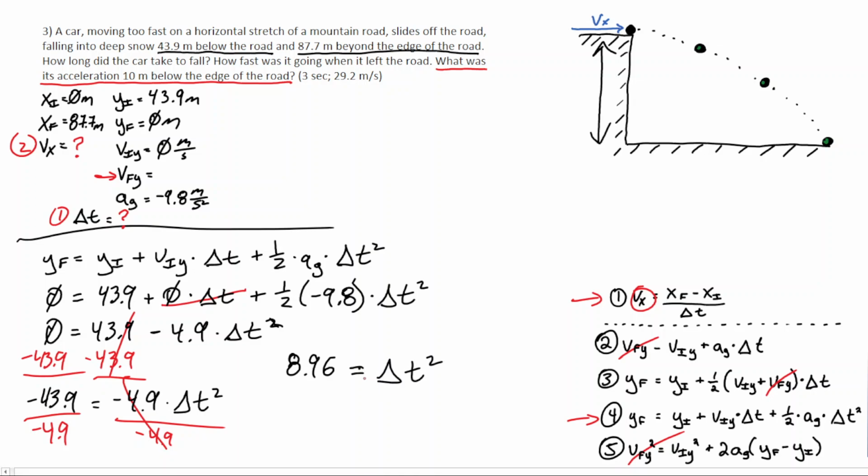Okay, we don't care what delta t squared is equal to, so we're just going to take the square root of both sides. You know what? Instead of looking at this as 8.96, can't we just... I know that rounding is not really the best thing to be doing, but in some of these situations, we could just do a little rounding here, just saying that that's equal to 3 seconds as our delta t.